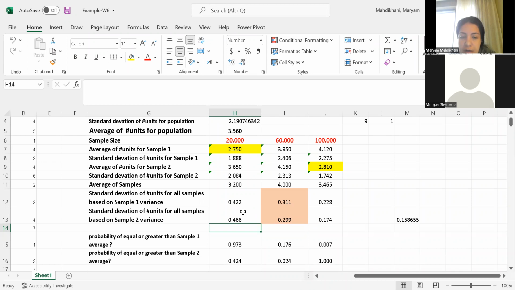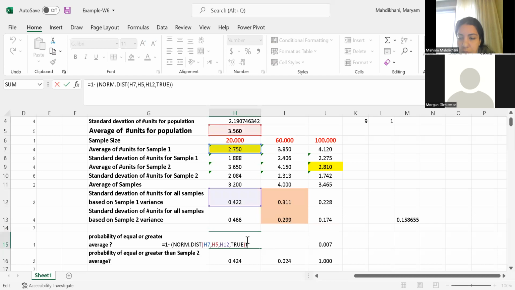Okay, now I want to see how much is the probability of having a sample average equal to or greater than the average of sample 1. Sample 1 was 2.75. I want to see the probability if I choose any sample that has an average equal to 2.75 or greater than 2.75. How can I calculate it? In the Excel file, you can write this formula.